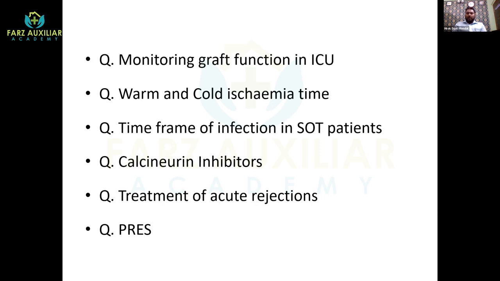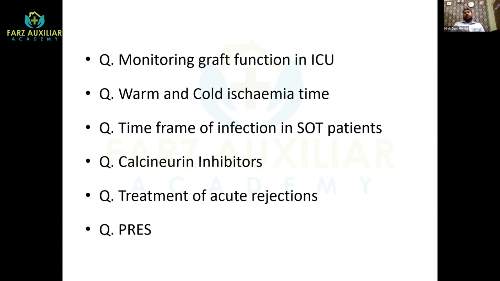If you do an MRI, you can get posterior circulation hyperintensity, and it is usually treated conservatively with BP control and stopping the offending drugs. Usually calcineurin inhibitors are the culprits, and it may also happen with mTOR inhibitors and sometimes mycophenolate.